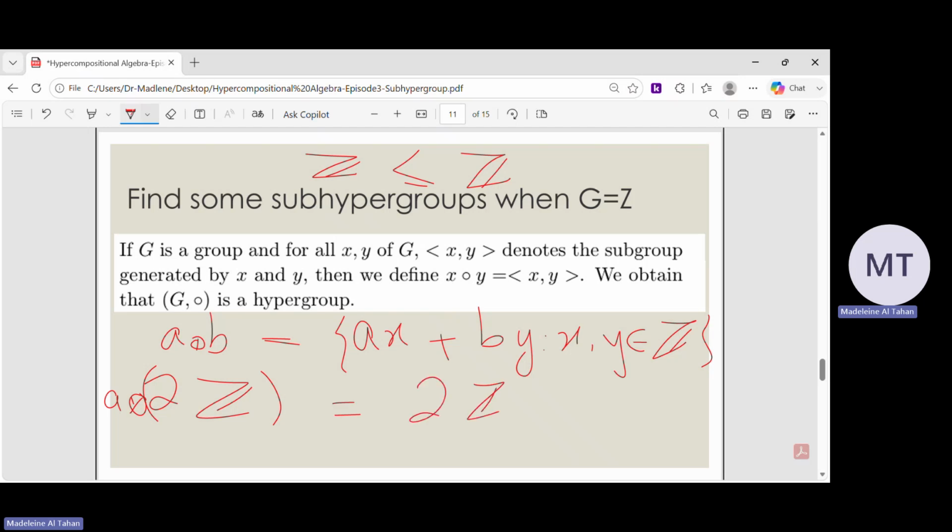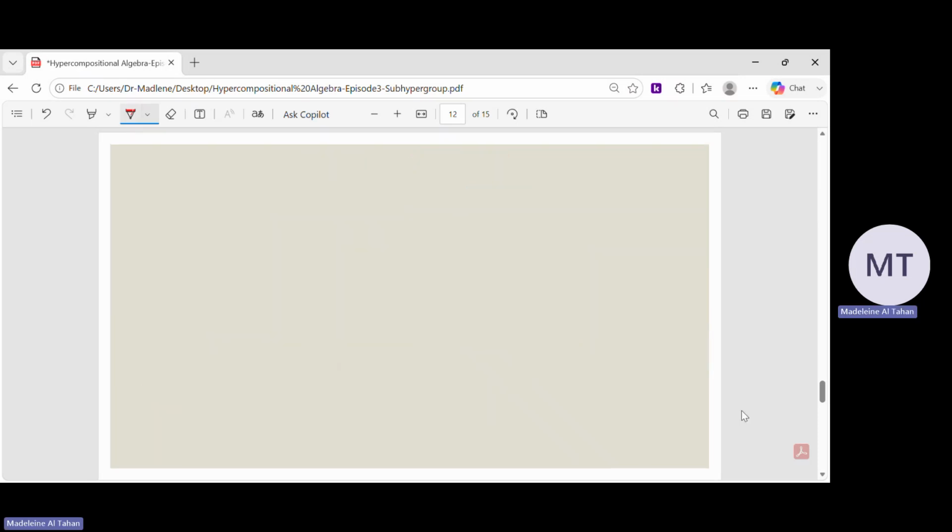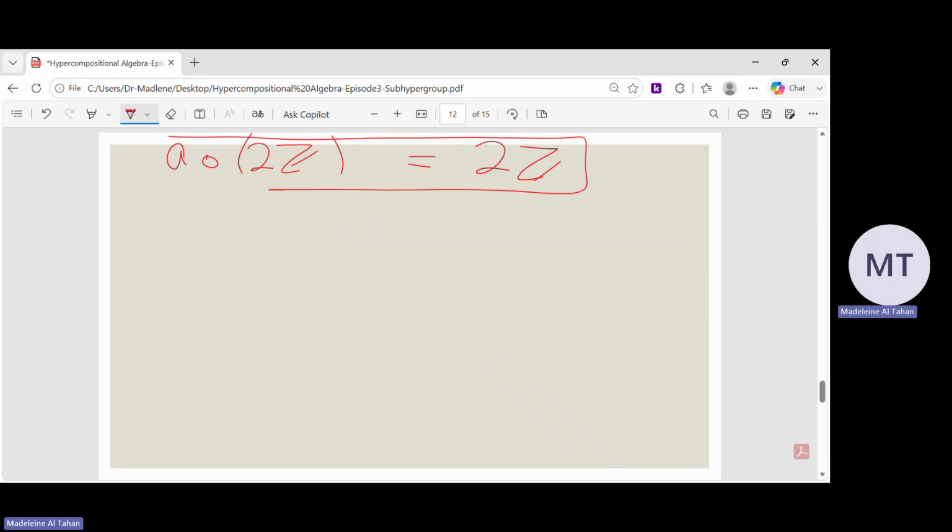Now, why didn't I write 2Z circ A? Because this one is commutative. A circ 2Z is equal to 2Z circ A. So our aim is to show that A circ 2Z is equal to 2Z. This is what we need to show.